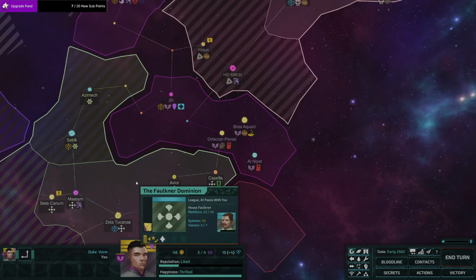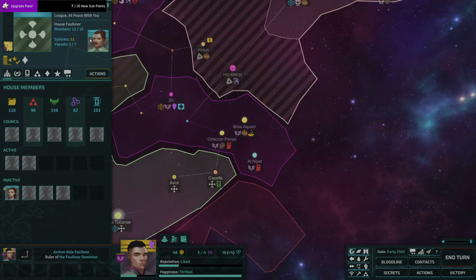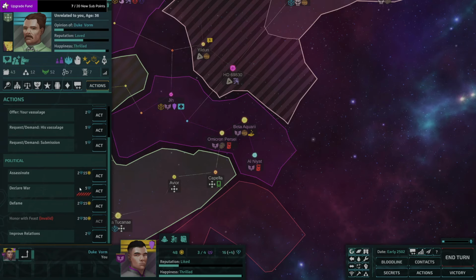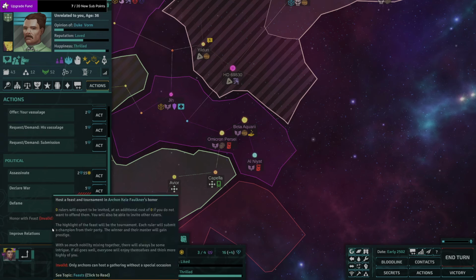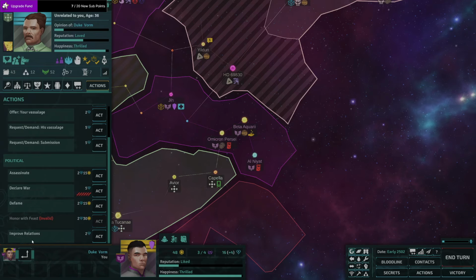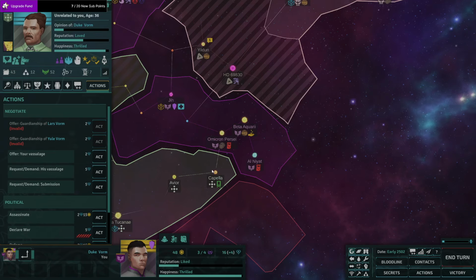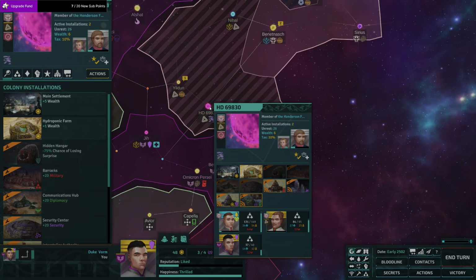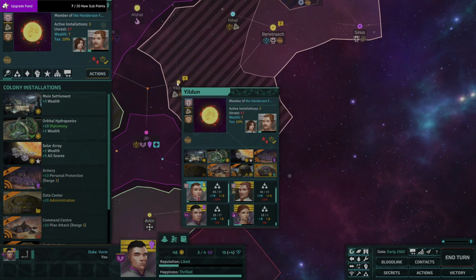Let's see if we can check actions with the Archon. Offer vassalage, request demand, assassinate, defame, improve relations. Well, I have to send somebody over to improve relations. We've got our most effective person doing that with Capella currently, so that's not really going to do much for me. I guess you're at 26 unrest. Ooh, you're at 67?